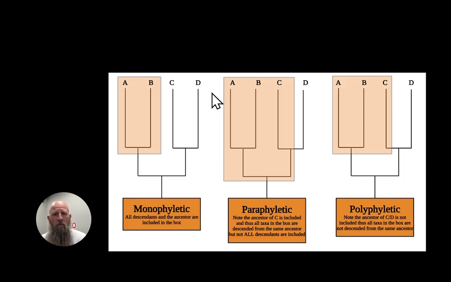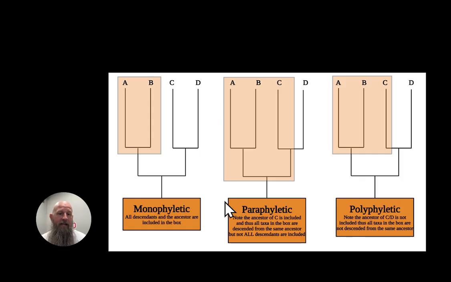Now, when we talk about evolutionary descent, it's important to understand the descent and what the ancestor is, because as things come from a common ancestor, they should share some similarities, right? So when we look at the evolution of organisms and the groupings of descendants, we often talk about three different organizational patterns: monophyletic, paraphyletic, and polyphyletic.